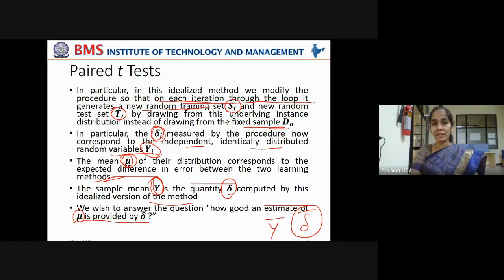How do you measure that? By calculating the mean of the errors, that is delta bar, and seeing whether it is equal to the mean of the normal distribution mu. If they are equal, then we can say that errors are following a normal distribution. We brought that question into an understandable manner now.